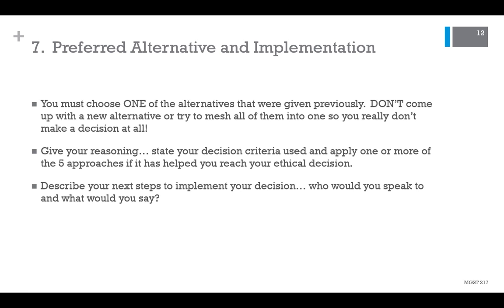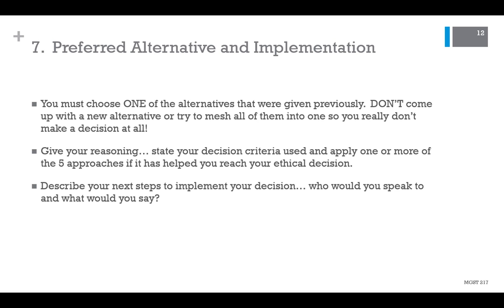The next thing is you give your reasoning. Once you have given a decision in terms of your alternatives, state your decision criteria. Did you make your decision based on job satisfaction, or did you do it based on job security? And then also state which of the 5 approaches you can use to justify that ethical reasoning.